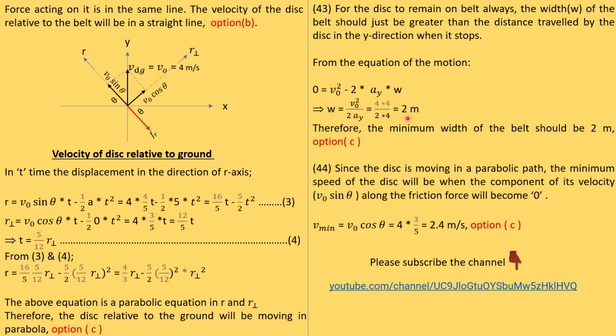It will come to 2 meter. So it means for the disk to always be on the belt without falling off, the minimum width of the belt should be 2 meter. It can be more than that, but the minimum should be 2 meter. So for 43, option C will be correct.